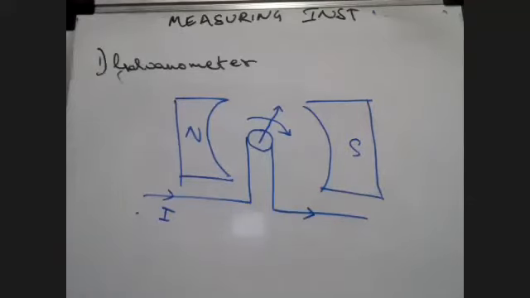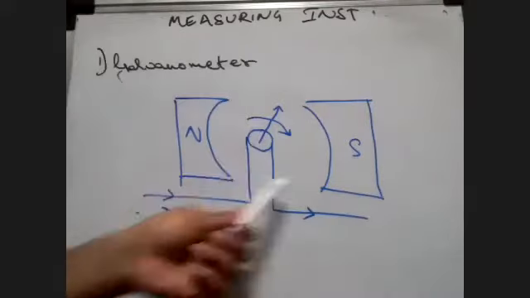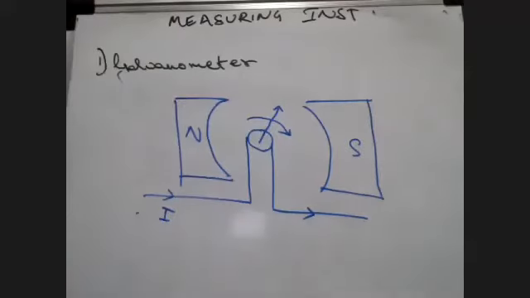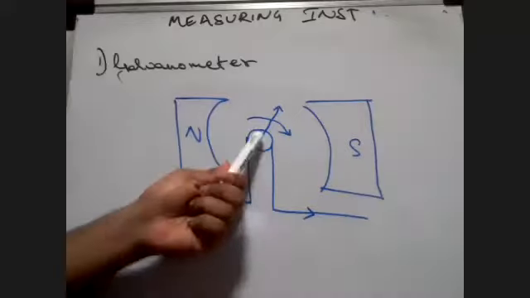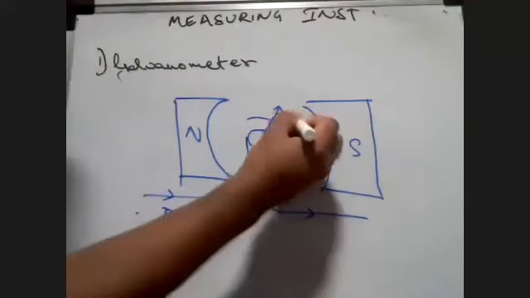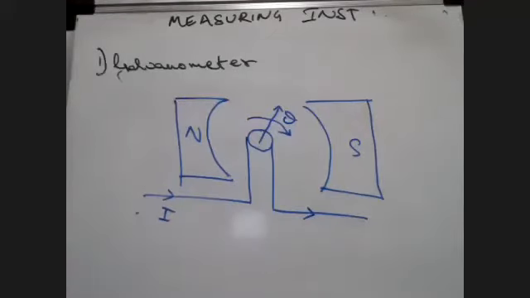But for now, all you have to understand is that when you pass a current through a conducting coil in the presence of a magnetic field, the needle associated with that coil will have a certain amount of deflection, let's say theta, depending on how much current is passing through the coil.